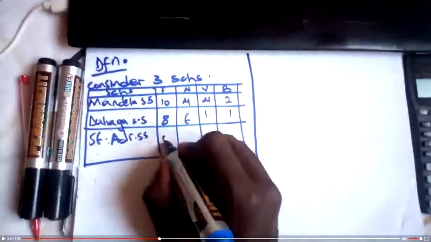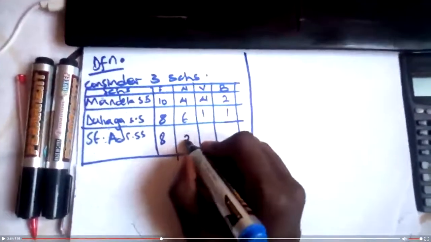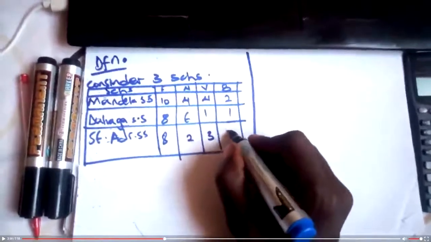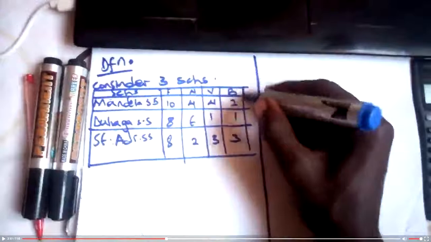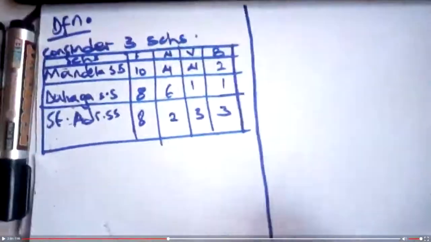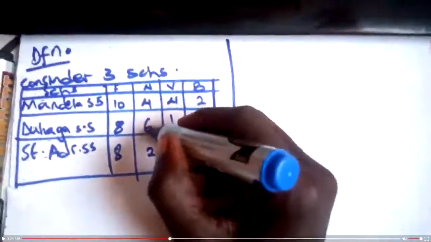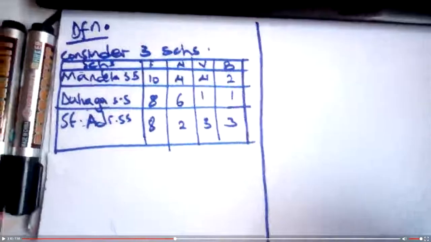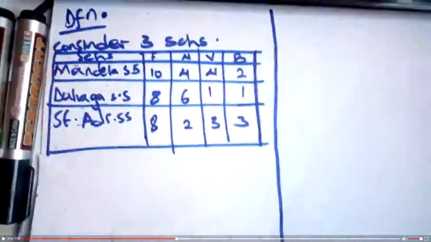Then St. Andrea got 8 points for football, 2 points for netball, 3 points for volleyball, and 3 points for basketball. Now, if we are to look at this information here, you can easily tell someone to go and look for the points that Duhaga got in basketball, and it will be easy for that person.